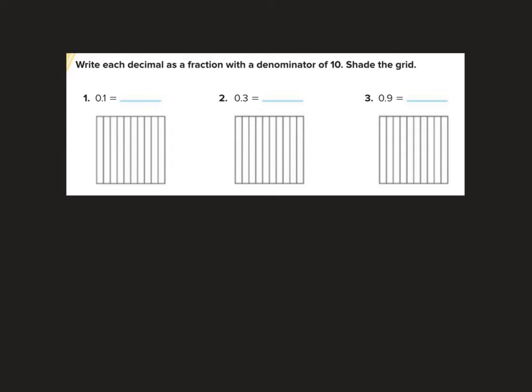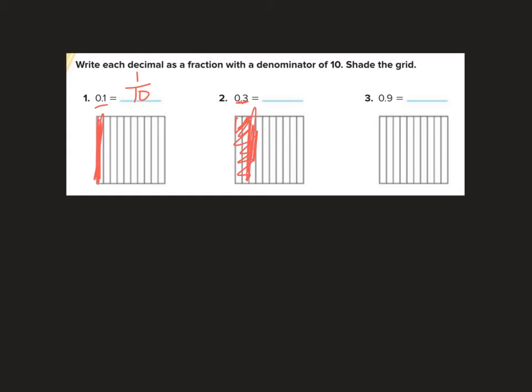Okay, here we have homework, looks like 1 tenth, 0.1. Okay, 1 tenth. Oh, sorry, as a fraction. That makes sense. Why would I write the same thing? 1 tenth. Okay, here we have 3 tenths.